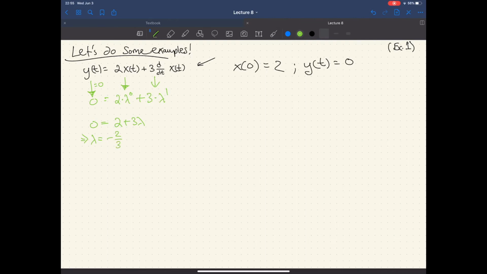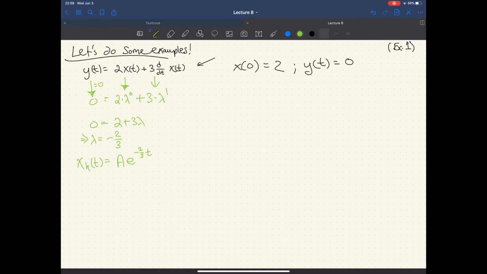That was easy. Our homogeneous solution then, x sub h of t is equal to a, some generalized variable. If we have more than one lambda, by the way, we just index these. But for a single one, we just call it a times e to the minus 2/3 t.